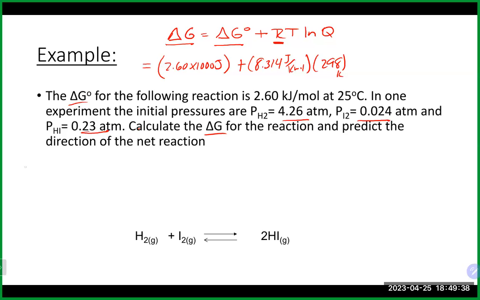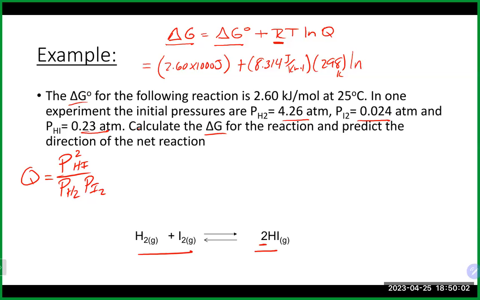We do want Q in this case, and once again, Q is just like K, so we would get it from our equation. This would be the partial pressure of HI squared, from the coefficient, divided by the partial pressure of H2 times the partial pressure of I2. We have all those pressures given to us.